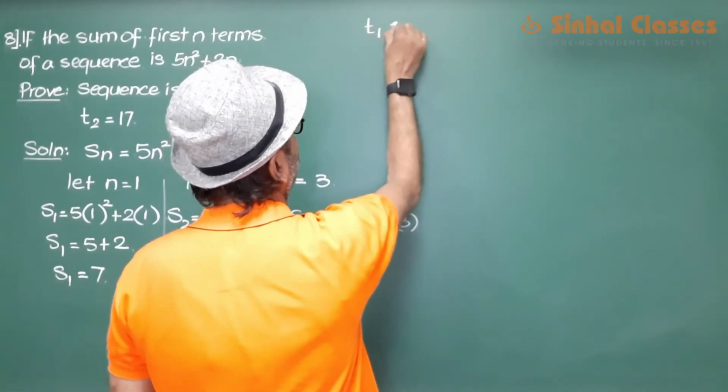Either 3n plus 41 is 0 or n minus 14 is 0. So n is equal to 14 and n is equal to minus 41 upon 3.